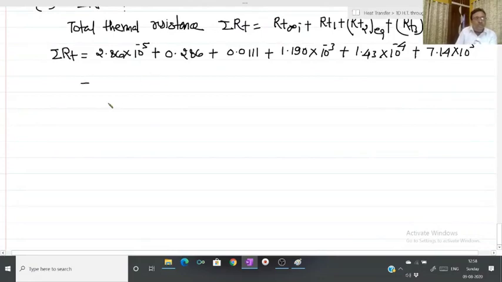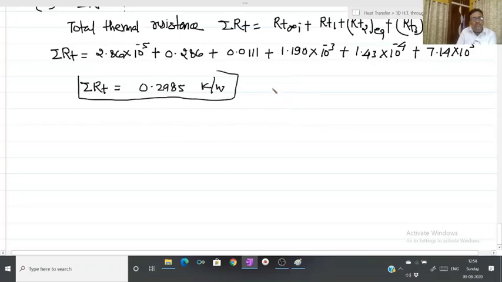So total thermal resistance will be 0.2985 Kelvin per watt. And this is our answer number 3.